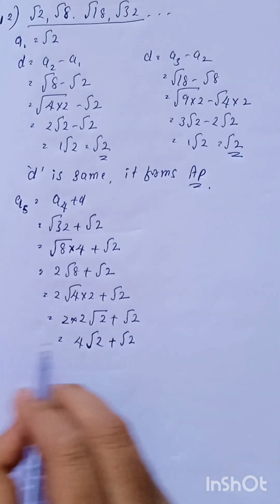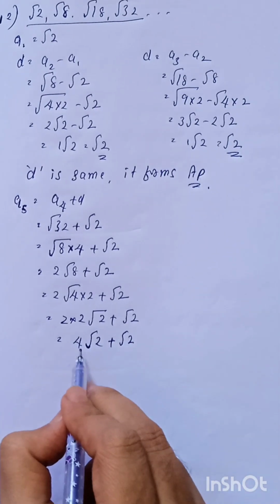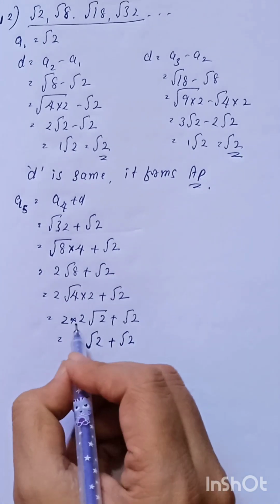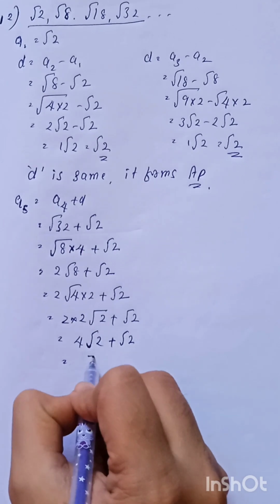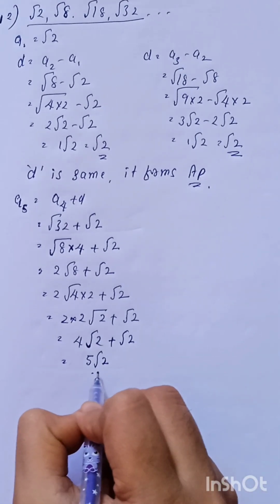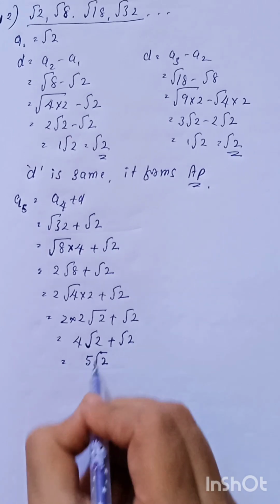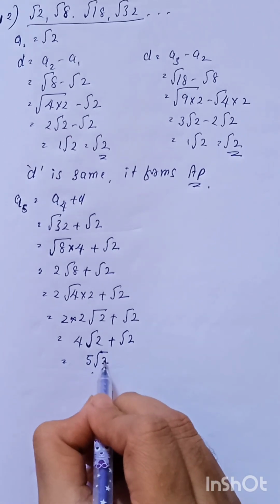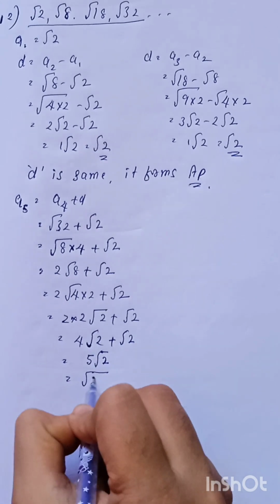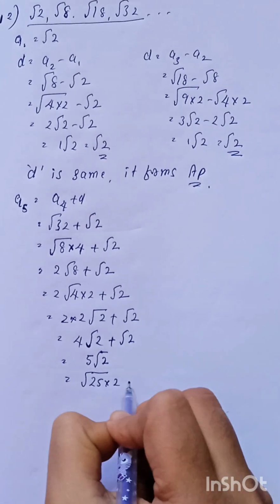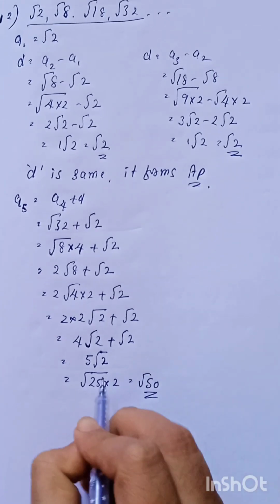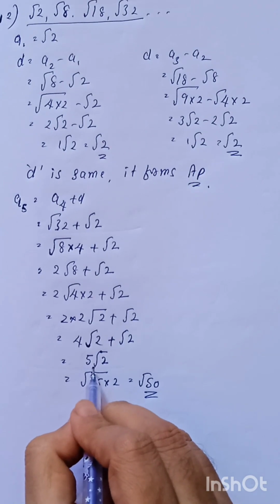If again I take it, if there is 1, you can take it as 4 plus 1, 5 root 2. If I continue, if I take 5 in here, it becomes 25. So 25 into 2, your answer is root 50. Or you can finish up to this level also.